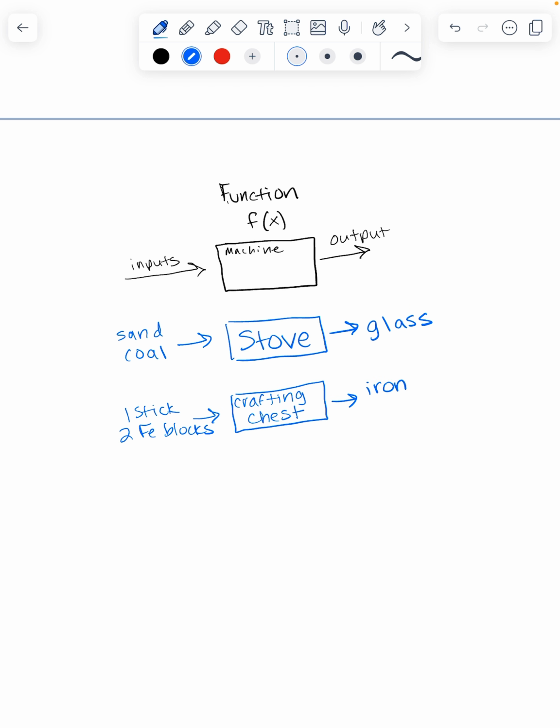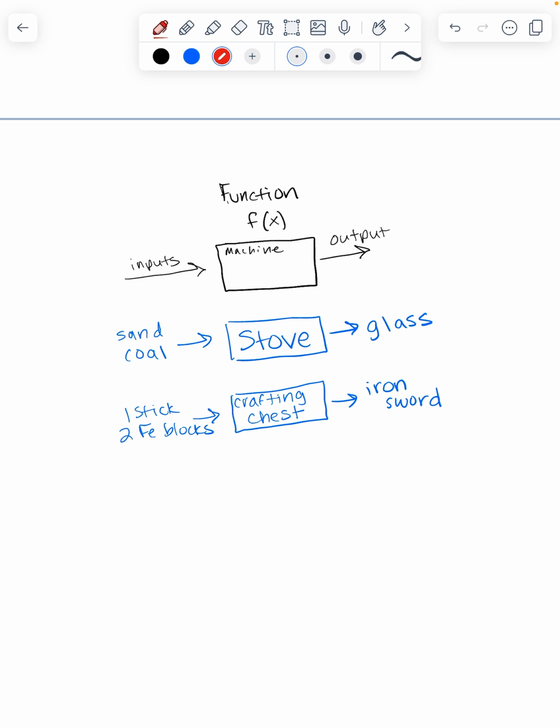I don't even know the answers to all this. I had to ask my kids because I do not play Minecraft. But apparently it will make you an iron sword, singular. Okay, so it makes an iron sword. All right, so there you go. You already see how functions work. You're taking something as an input, you're going to do something to it, and then you're going to get one output from that. So you already understand how functions work.